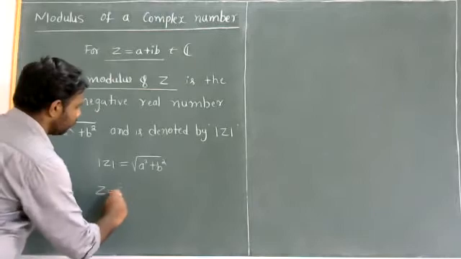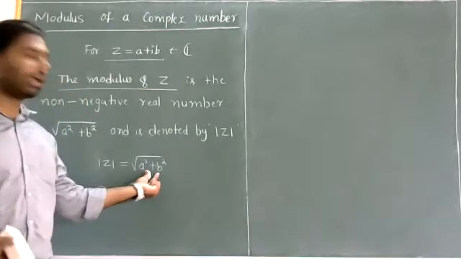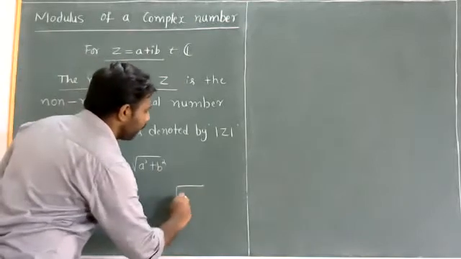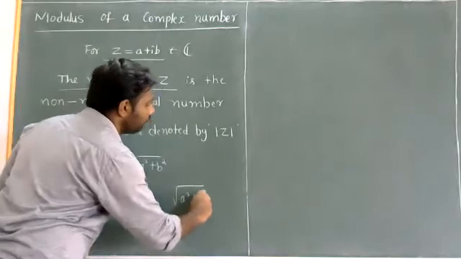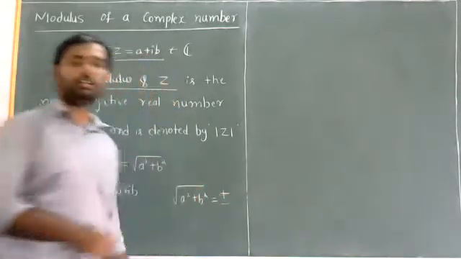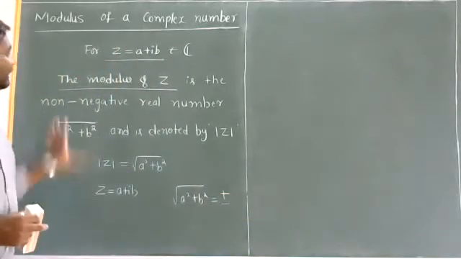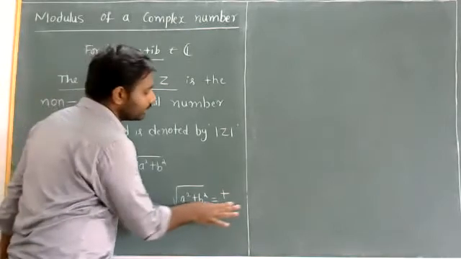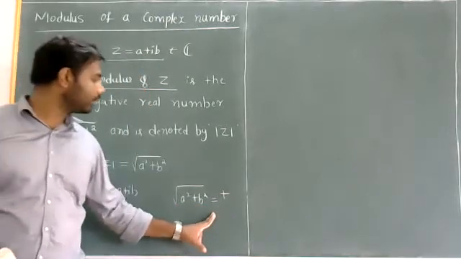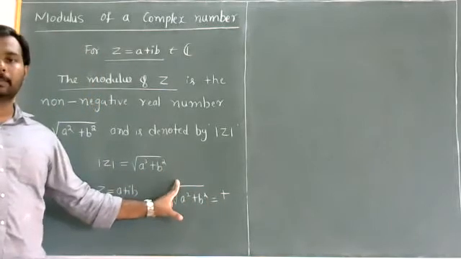You know that square root has always two values, plus value and minus value, that is positive value and negative value. And in this case, we will only consider the positive value of the square root. That means we will take only the positive square root of a square plus b square.